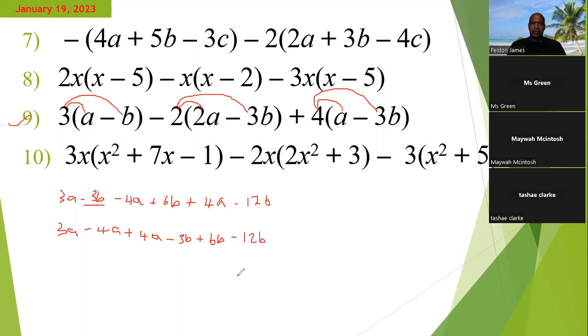All right, so walk me through the rest now. I have 3A plus, no, 3A minus 3B. That's your final answer?